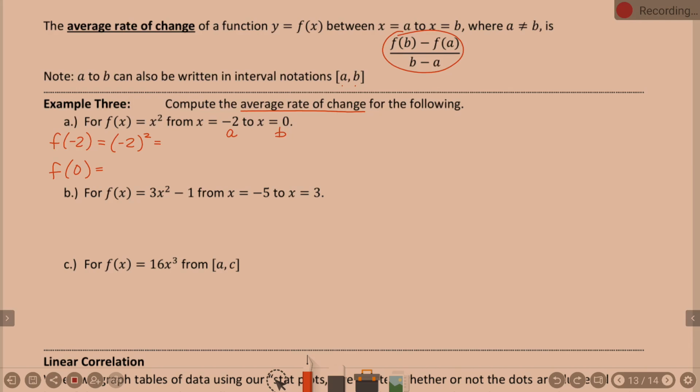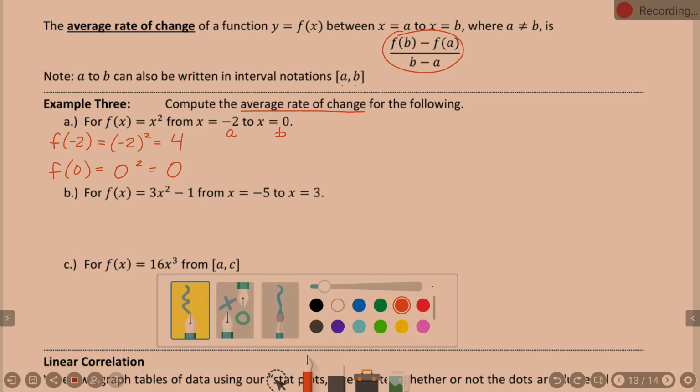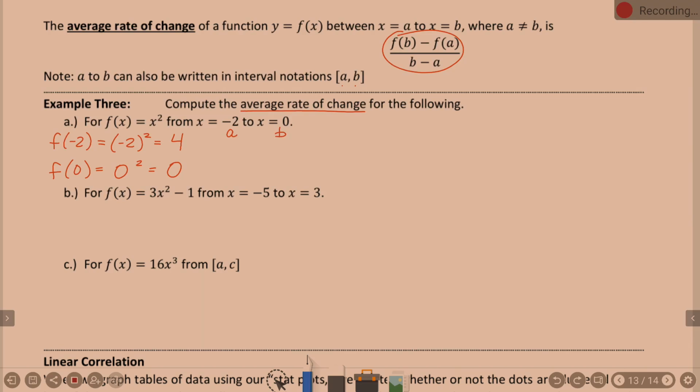We also need to find our other endpoint, f of 0. So we plug 0 in. 0 squared is 0. So we just found our f of a and our f of b. We found that f of negative 2 is equal to 4, and f of 0 is equal to 0.